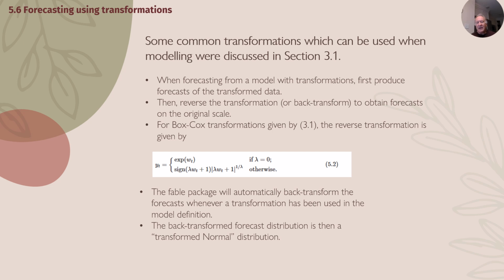The fable package will automatically back transform the forecast whenever the transformation has been used in the model definition. So you won't have to actually run any of these equations, but this is what they're doing. The back-transformed forecast distribution is then not normal, but a transformation of the normal distribution. So we can transform the data, then make predictions, and then transform back into the original scale.